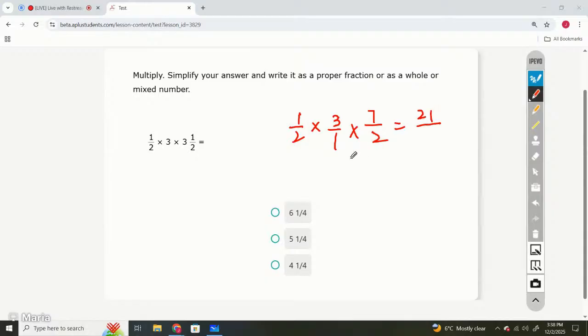So 7 times 3 is 21 and 2 times 2 is 4. 21 divided by 4. 4 times 5 is 20 and 1.